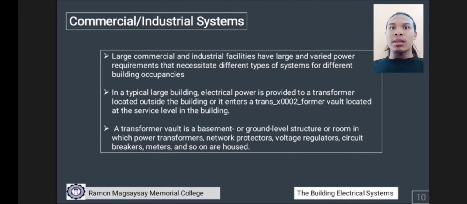A transformer board is a basement or ground level structure or room in which power transformers, network protectors, voltage regulators, circuit breakers, meters, and so on are housed.